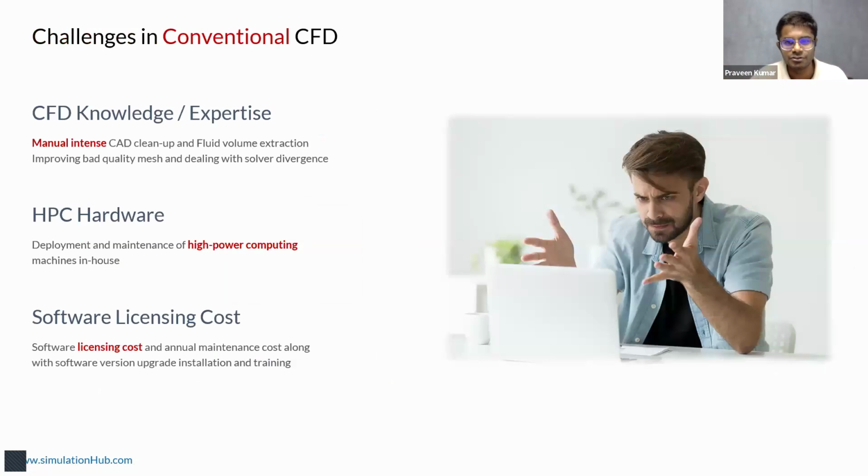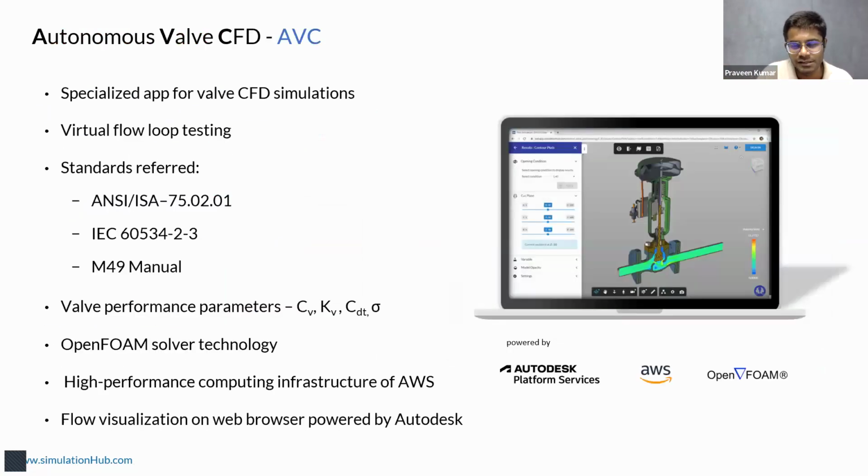So, addressing all these things, we developed this software or app, which is Autonomous Valve CFD. It's nothing but a virtual flow loop testing tool, which closely mimics the actual flow loop test.